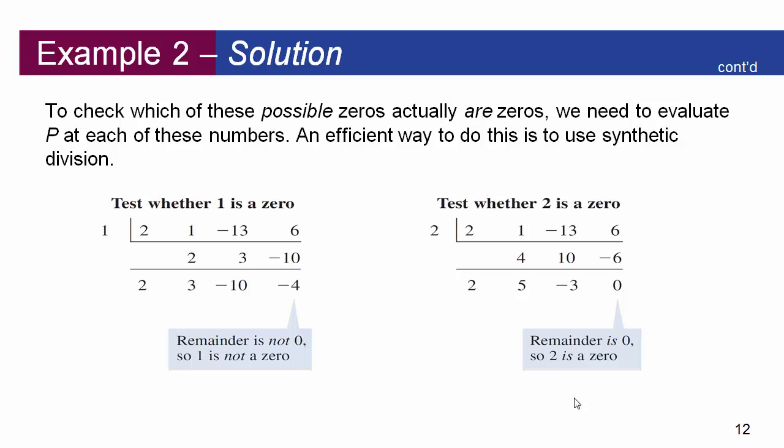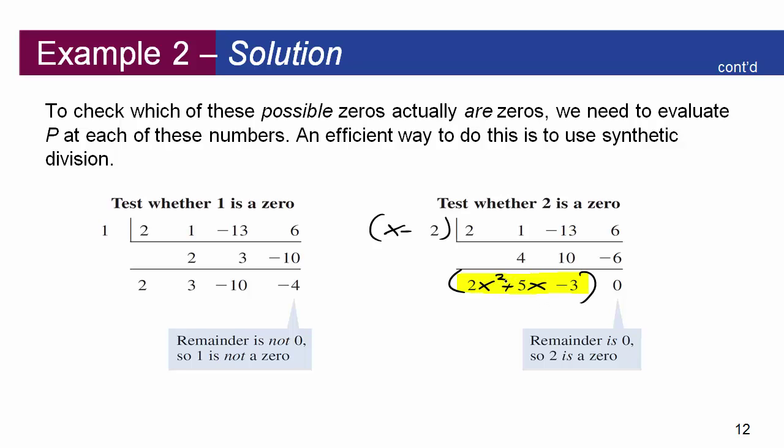2 is a zero. And also, if you remember from when we talked about synthetic division, this last row gives us the new polynomial, right? This means that we have a factor of x minus 2, and then this becomes the new resulting polynomial with x squared, x, and a constant.